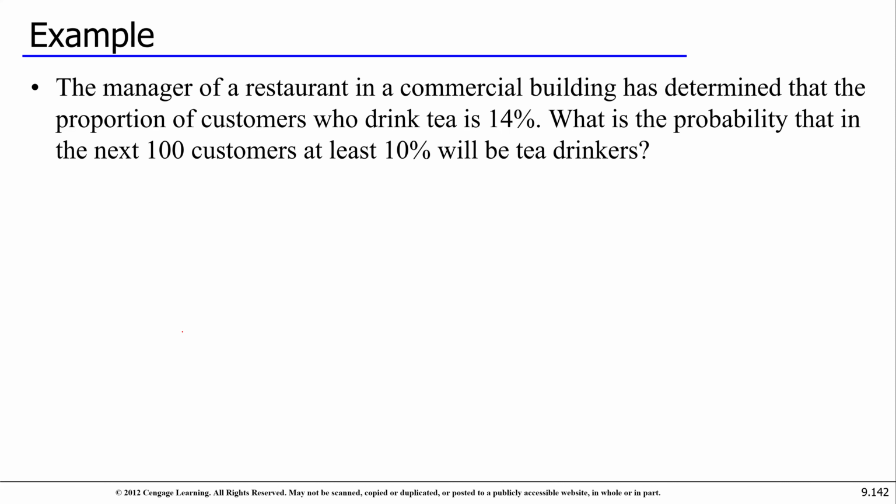Okay, this is an example right here. The manager of a restaurant in a commercial building has determined that the proportion of customers who drink tea is 14%. What is the probability that, of the next 100 customers, at least 10% will be tea drinkers? There are a couple of things missing here.